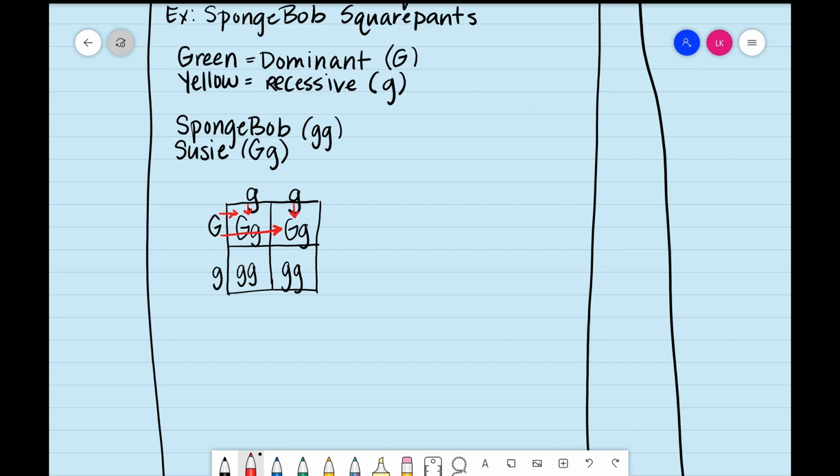You don't have to do these arrows in your notes, but that's the general gist. For each box you pull the allele from straight above it and the allele to the side of it. Once you go through and do that, you get these wonderful boxes. I'm going to take those arrows away because it could be confusing.